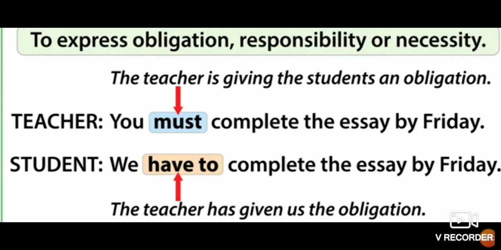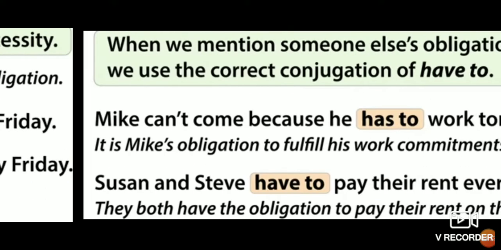The teacher is telling, isn't it? In the student's sentence, we have to complete the essay by Friday, the teacher has given us the obligation. We are forced to write the essay. So in both sentences it is clear that if somebody else is forcing us, then we use have to, and if we ourselves decide that we have to do that, then we use must.